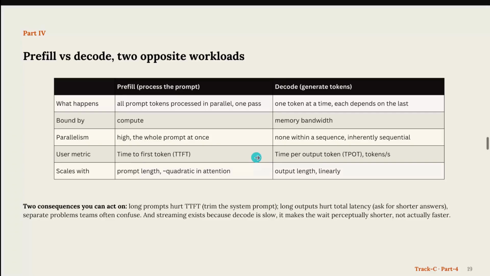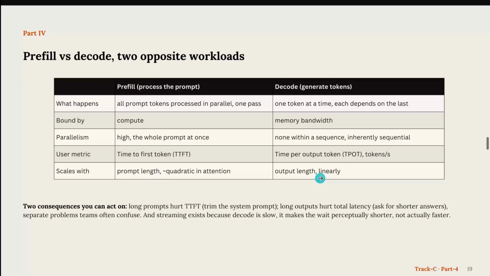So time to first token is the metric here, whereas for decode, time per output token, how long it takes to generate every token, or in total how many tokens per second, is the metric we could use to measure the decoding process. If this scales with prompt length, it's quadratic in attention, but decode scales linearly because it depends on the output length.